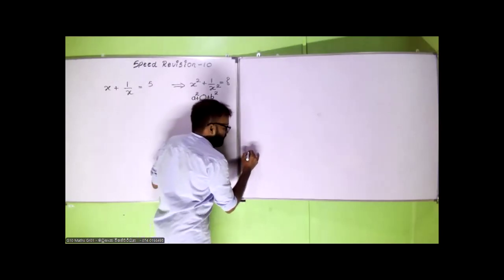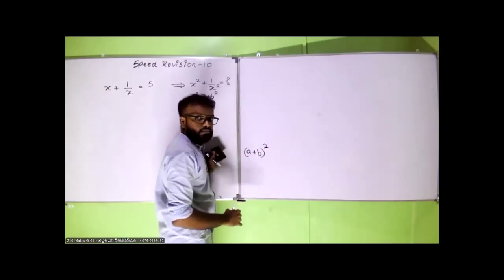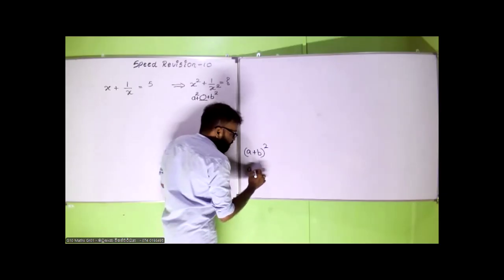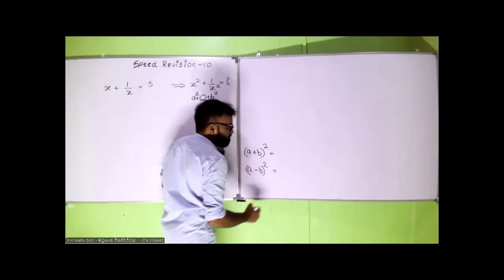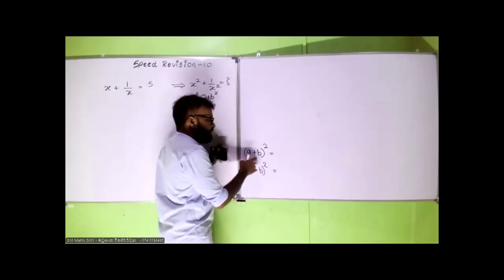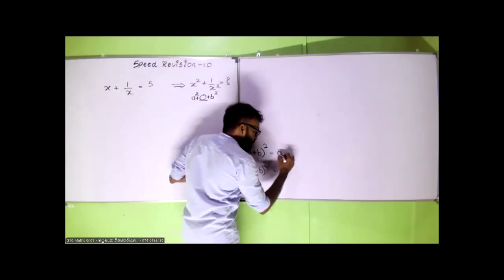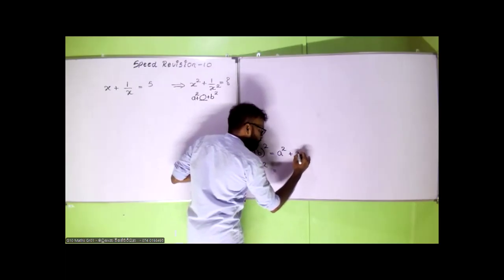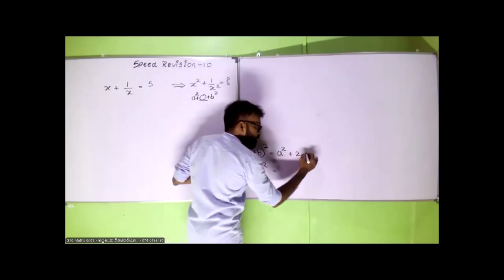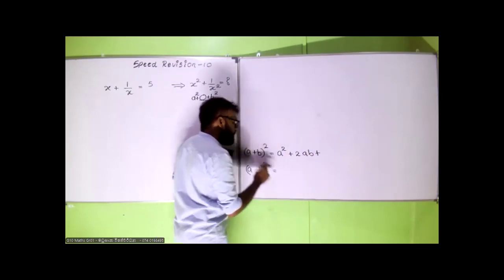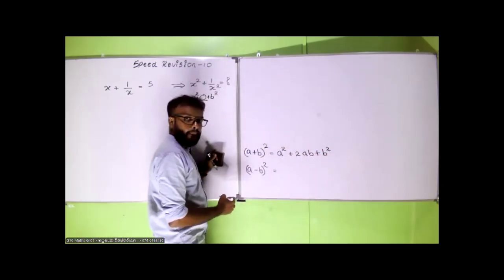If I tell you, you know the expansion of a plus b to the power 2 and the expansion of a minus b to the power 2. The expansion of a plus b squared can be written as a to the power 2 plus 2 times the product of the first term and second term, which is ab, plus b squared.